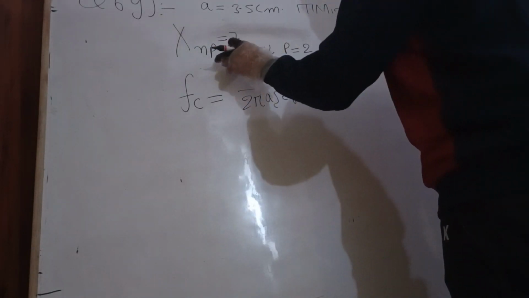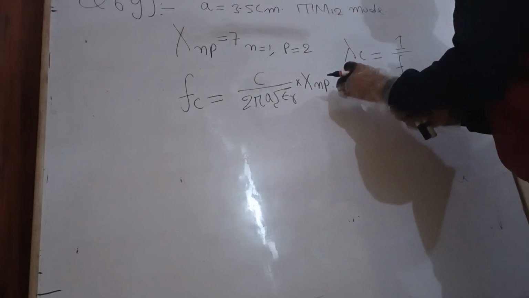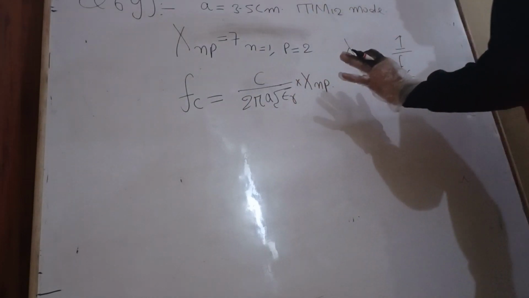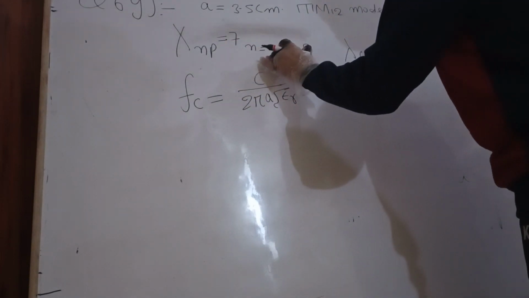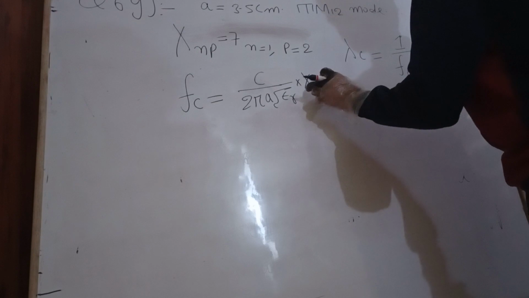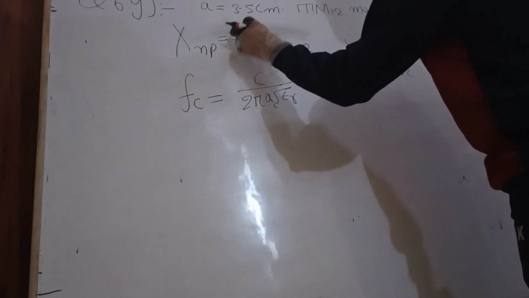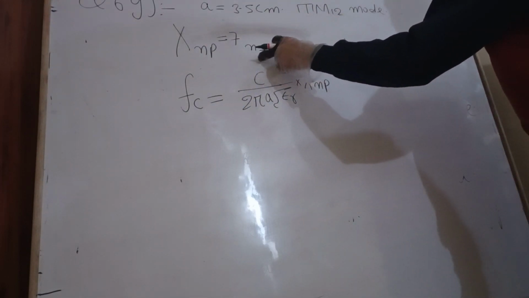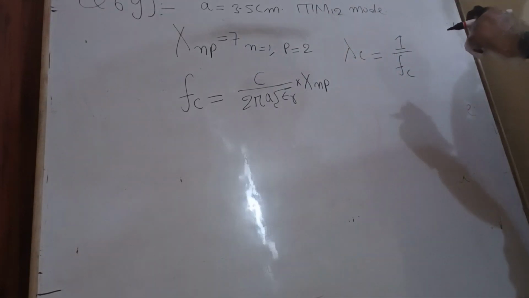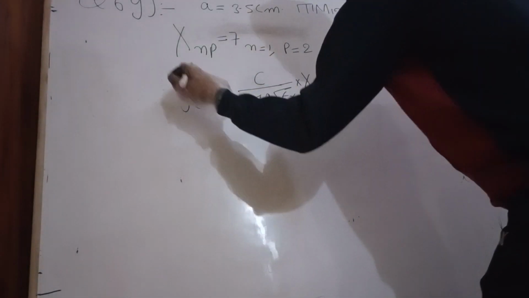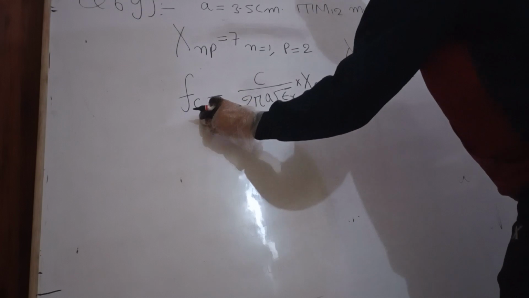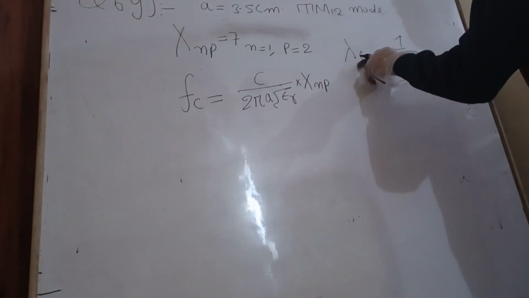This factor we can calculate from the Bessel function coefficient, and here it is given. x_np is equal to 7, for this particular TM12 mode. Now you can calculate the cutoff frequency.